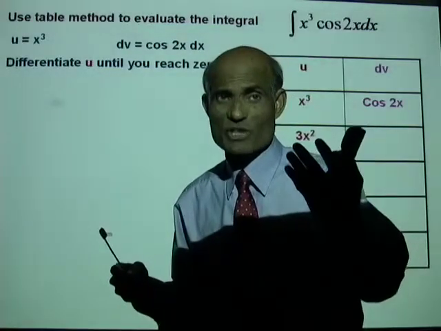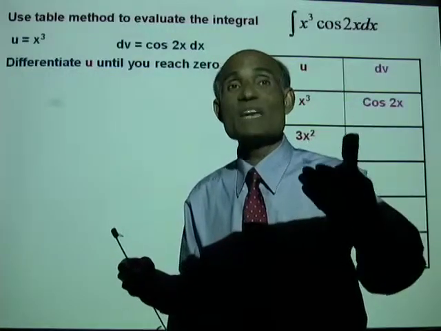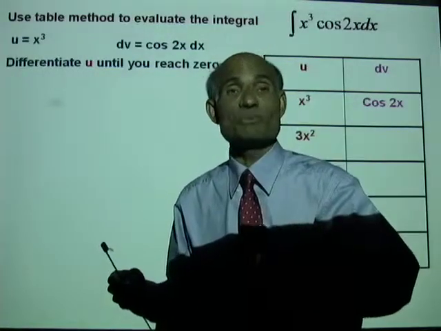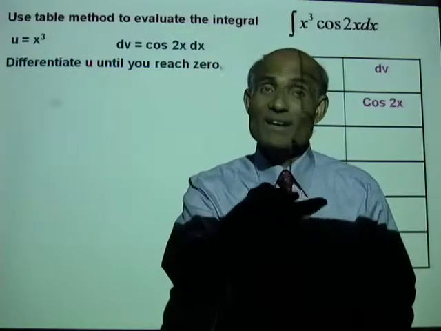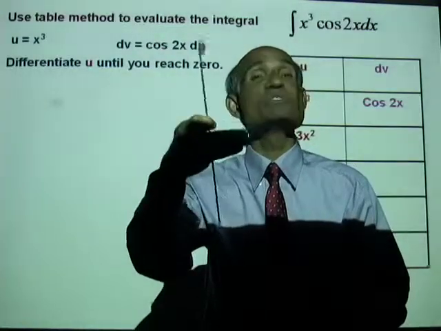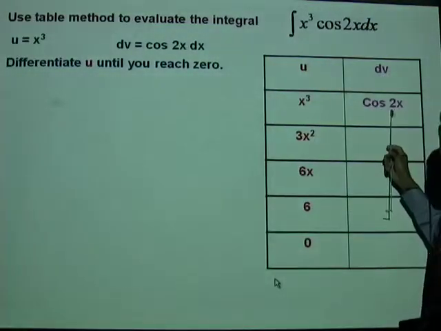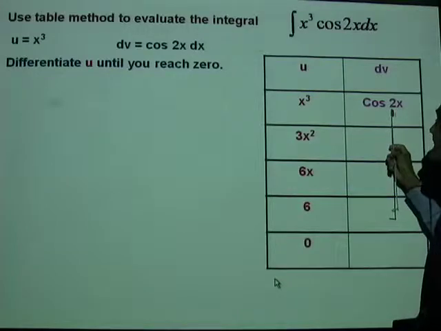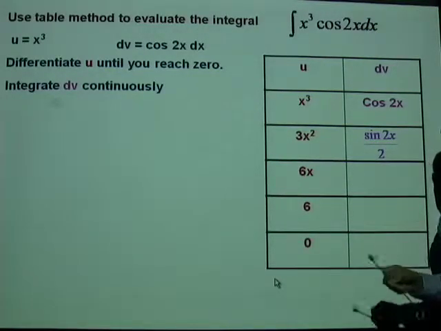Integral cos 2x dx is sine 2x divided by 2. Remember, integrating cos will give you positive sine. Integrating sine will give you negative cos.